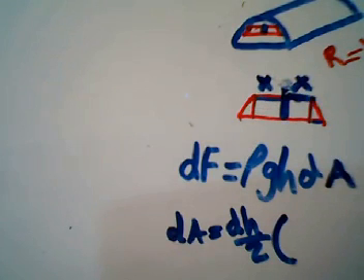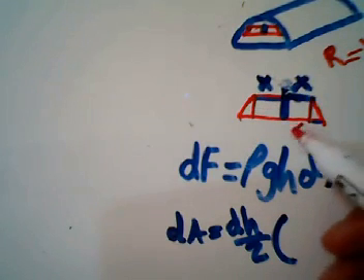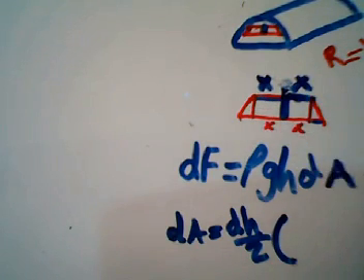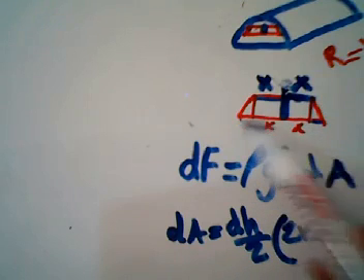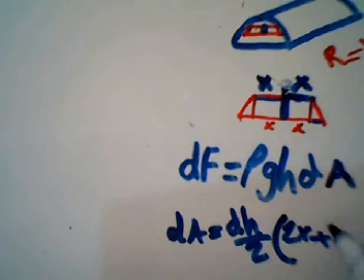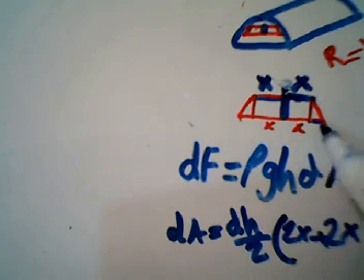So these two also are x, and that would be dh over 2 times 2x plus the length of this, which is 2x plus this little bit.